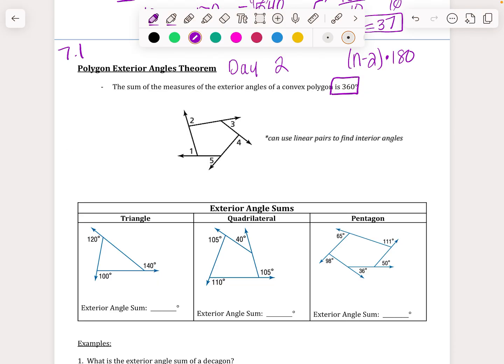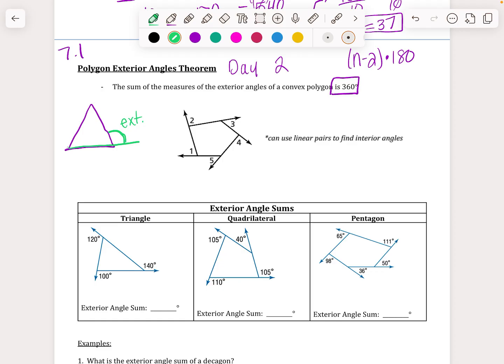Remember that we learned about how an exterior angle is created. If you have a shape and you extend one of the sides, it's the angle that's not the straight angle. So with an exterior angle, you always have the side and that exterior angle line that makes a straight line. The exterior angle is always the one that's less than 180.